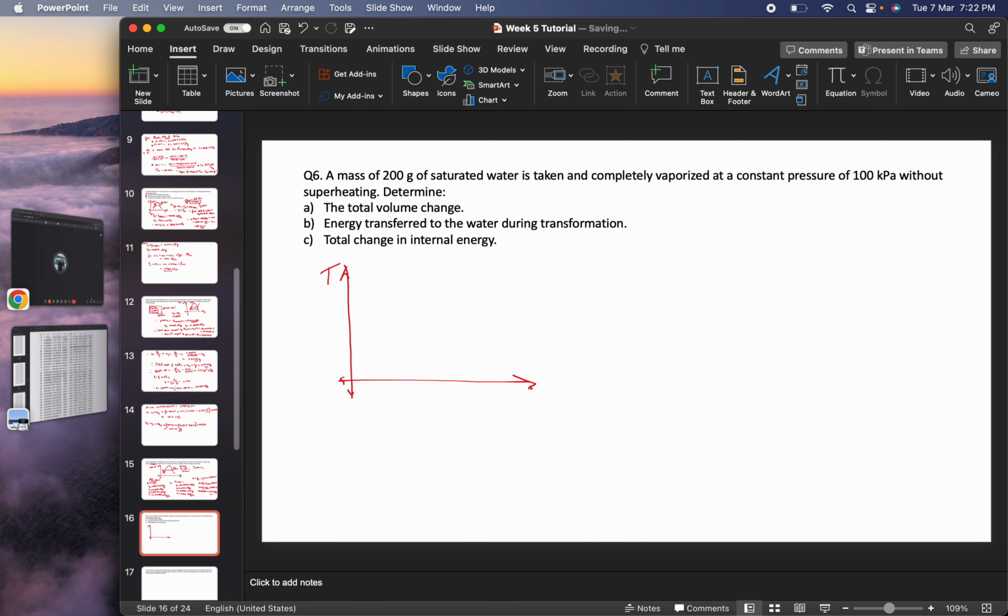So this is your T, this is your S. Now this is my 100 kilopascal pressure line. Okay, and 200 gram mass is given, M is 200 gram, that means it is 0.2 kg. From saturated water it has gone to completely vaporized without superheating, that means this is my point 1 and this is my point 2.